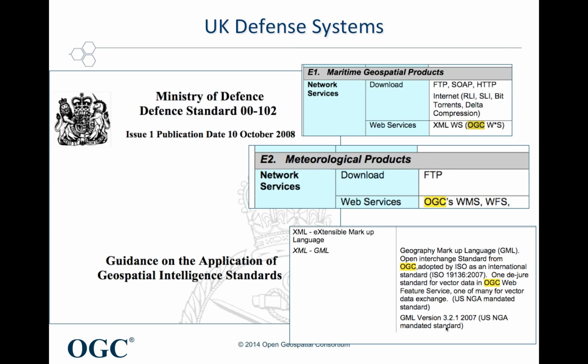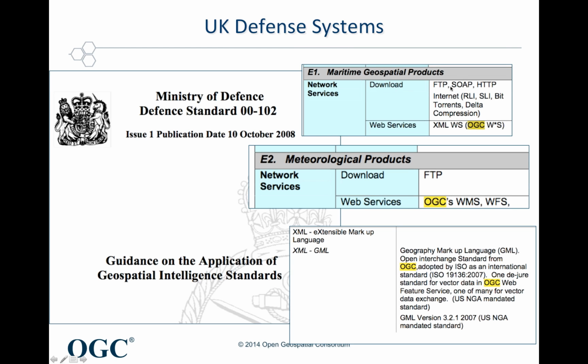This is in the UK Defense Systems. They publish a guidance on the application of the spatial standards, and they mention the requirement of OGC for different types of products. For example, network services for maritime geospatial products.